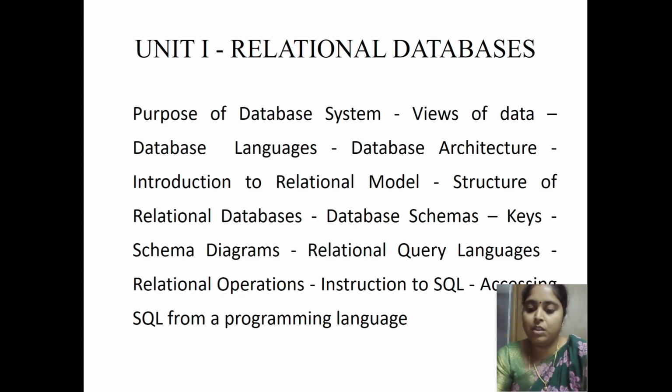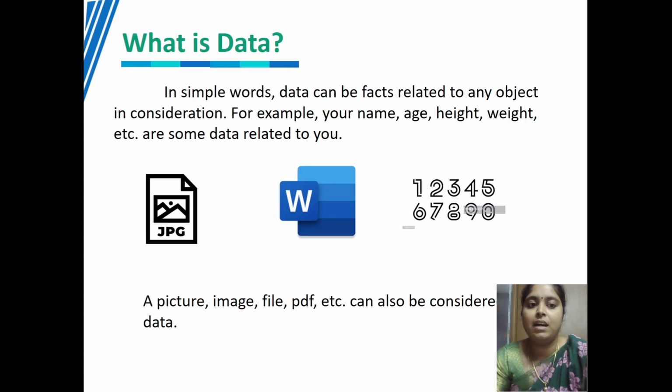So let's get into the unit. Before getting to the syllabus, we need to discuss some basic things. What is data? Data means the things we need to store. In simple words, data can be facts related to any object under consideration.